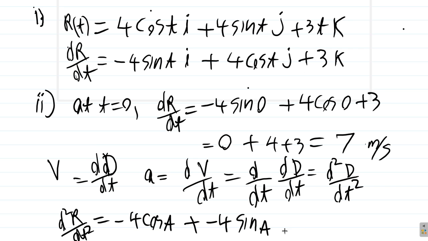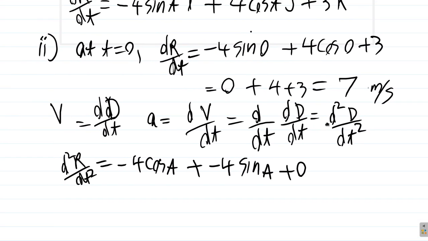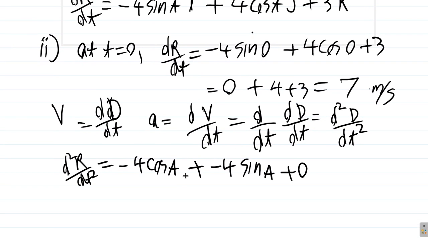Well, this would be 0 because it's just 3. Right? In the i, j and 0 k. Alright, at t equals 0, what happened? Cos of 0 is 1, so it's negative 4 times 1 in the i direction.